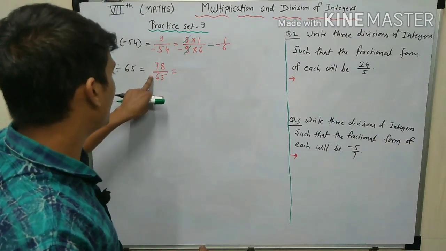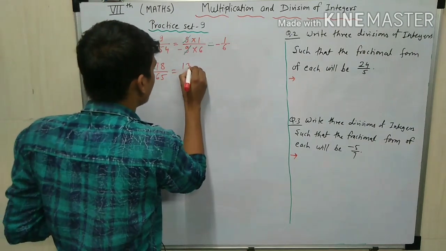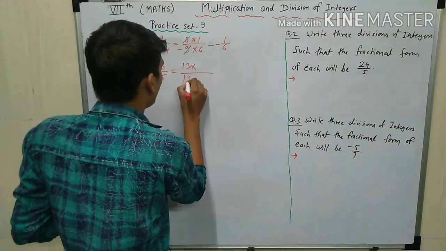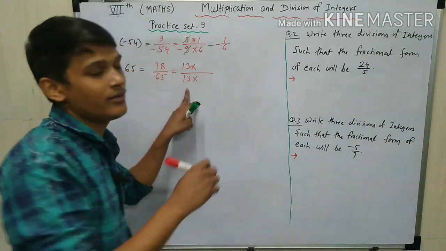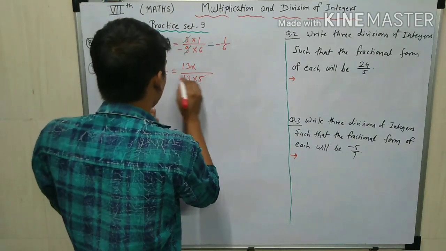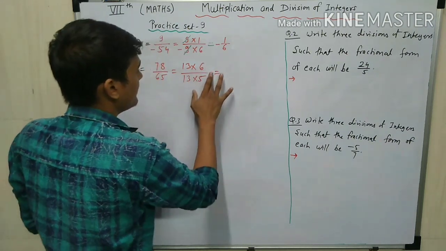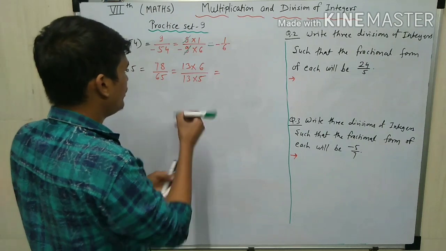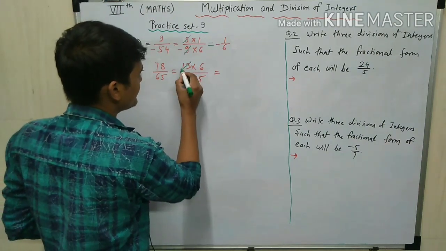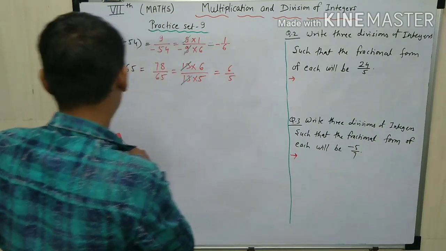There is the 13 table in 78 and 65, we can write here 13 upon 13, 13 fives are 65 and 13 sixes are 78, is equal to, the numerator and denominator are the same, this is cancelled, is equal to 6 upon 5.